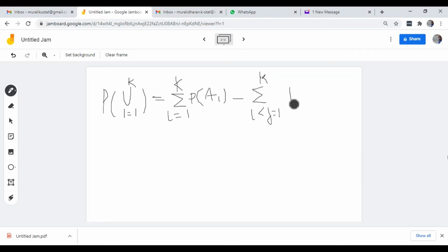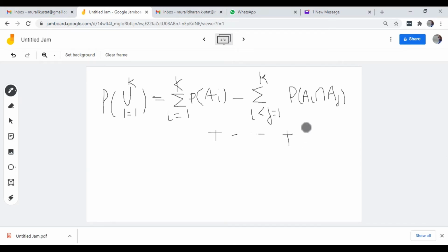P of AI intersection AJ. So perfect, etc. You know what is the third term? Definitely it depends on the number of terms. If you have two terms, P of A intersection B becomes P of A plus, etc. So we know that.